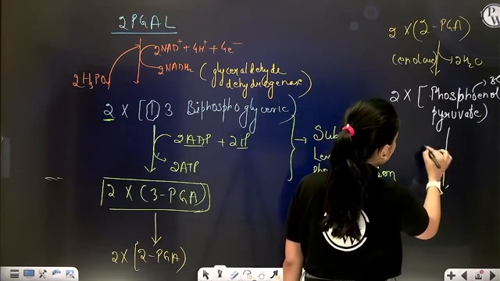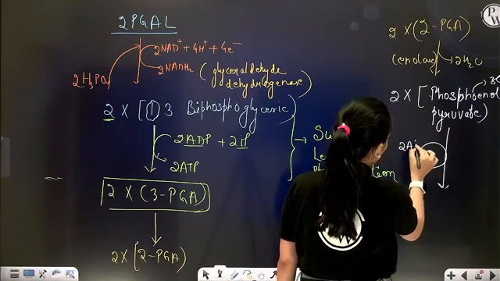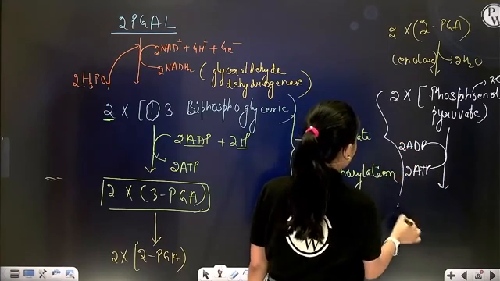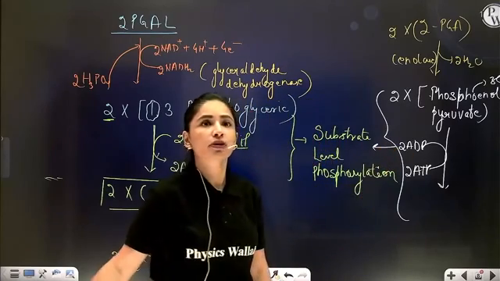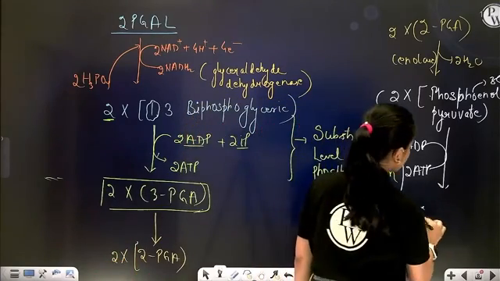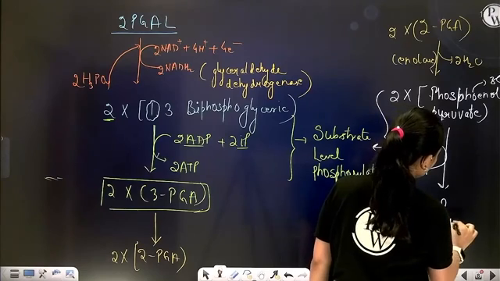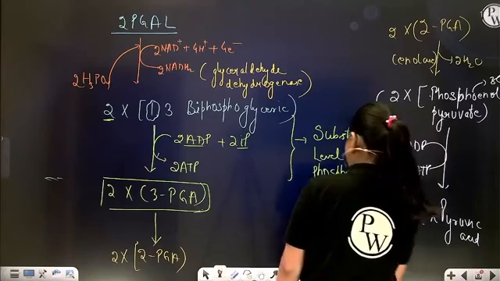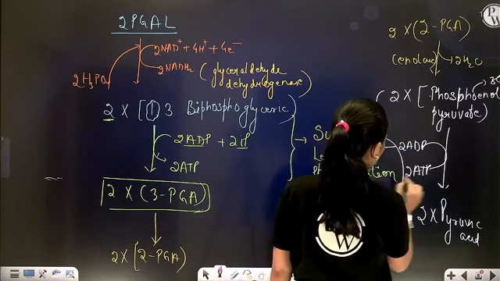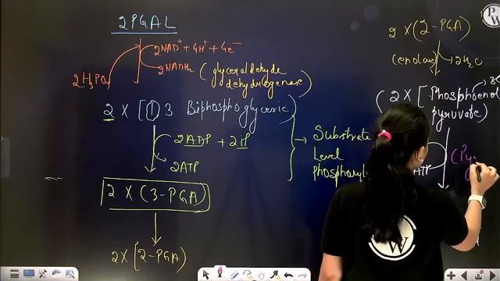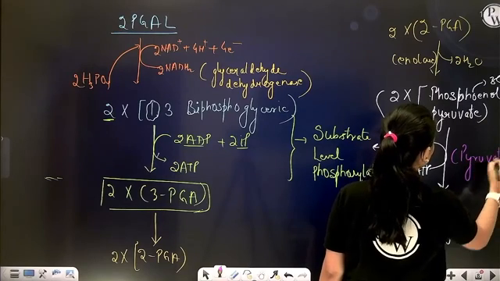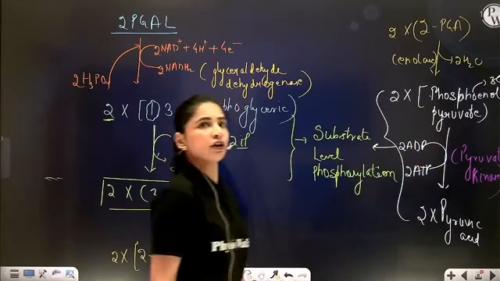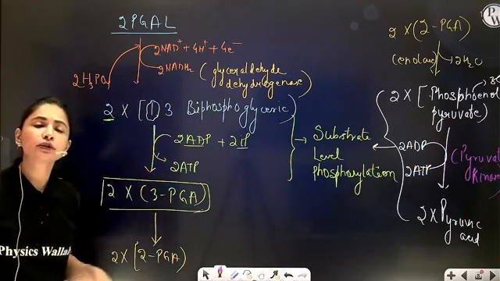So in the last step also ATP will be produced. Clear? I hope all the 10 steps are clear to each and everybody.